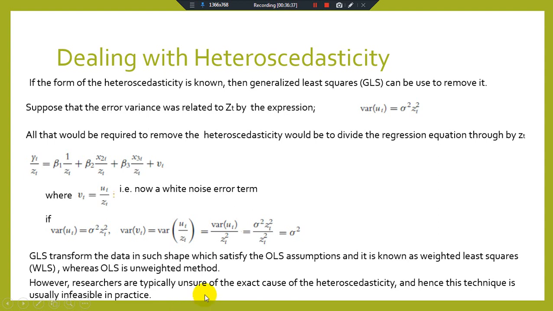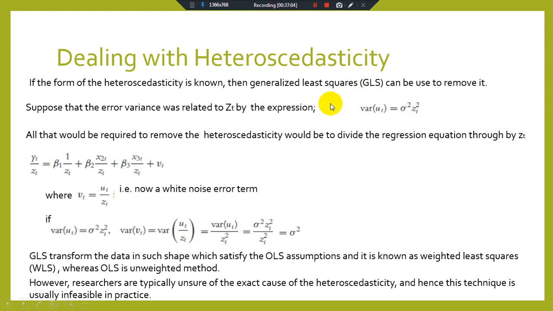However, researchers are typically unsure of the exact cause of heteroscedasticity, and hence this technique is usually infeasible in practice. So keep it in mind. Whenever you want to use the generalized least square method, you must know what type of heteroscedasticity exists in your data. Without such information, you cannot apply GLS.